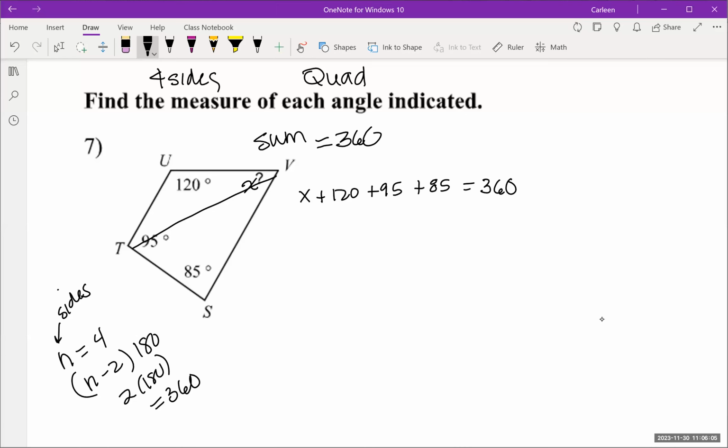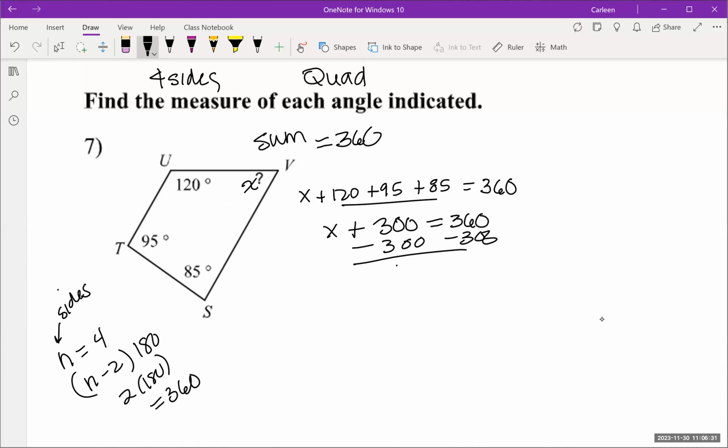Okay, combine like terms. 300. Yeah, isolate your variables, subtract 300. X is equal to 60.